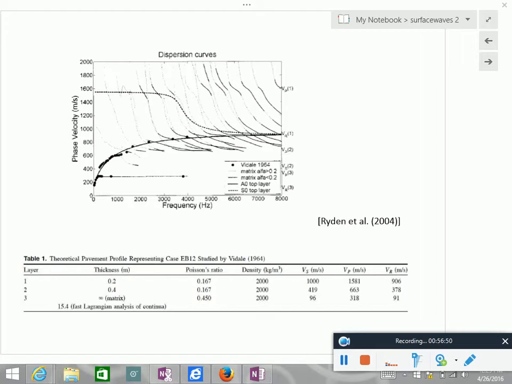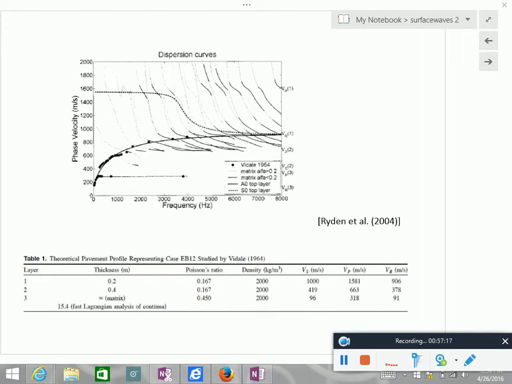At the end, for very high frequency, this curve converges to the Rayleigh wave velocity VR1. This is answering your question in June about what all those things written there mean. If you look here, the Rayleigh wave velocity is changing.